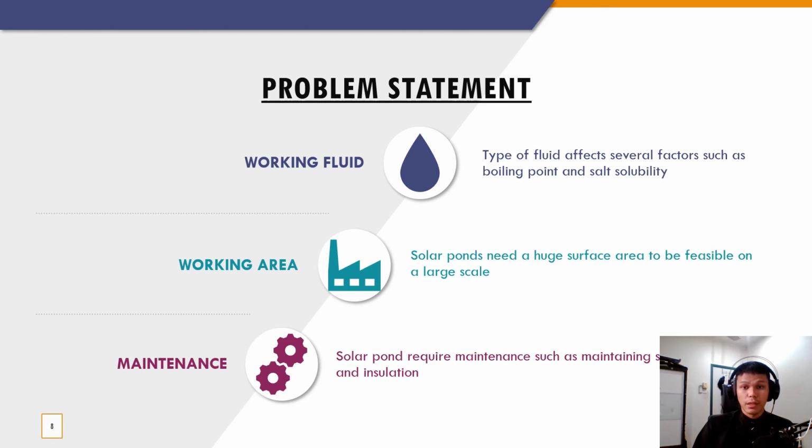Moving on to problem statement, the first one is choosing the right type of working fluid. These types of fluids are chosen based on factors such as boiling point and the ability to be a reliable solvent. For solar ponds, the obvious fluid of choice is water. This is because water is abundant, it is available everywhere, it is chemically safe, stable, it is an excellent solvent, and it has a large specific heat capacity.